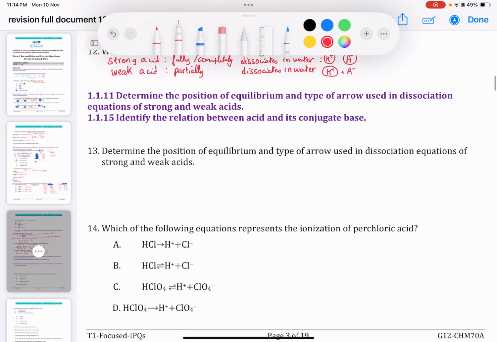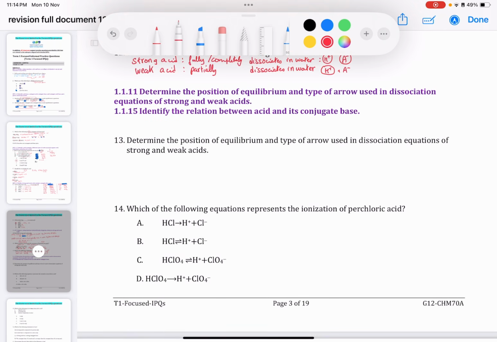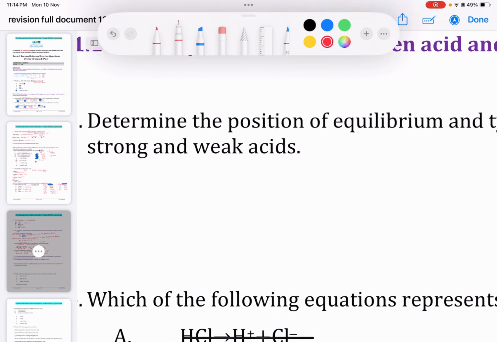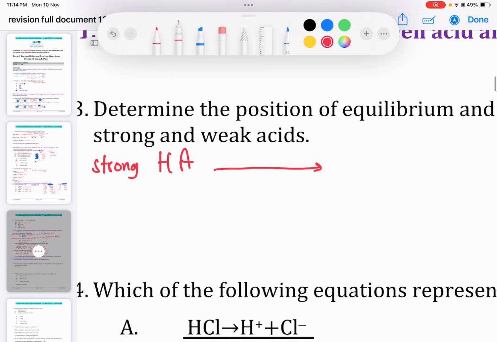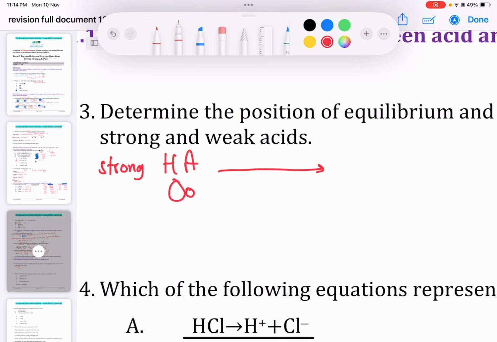Determine the position of the equilibrium and the type of arrow used in dissociation equations of strong and weak acids. So again, I am going to write an ionization if I have a strong acid. When I write a one direction arrow, it means this HA is fully ionized into A minus and H plus.